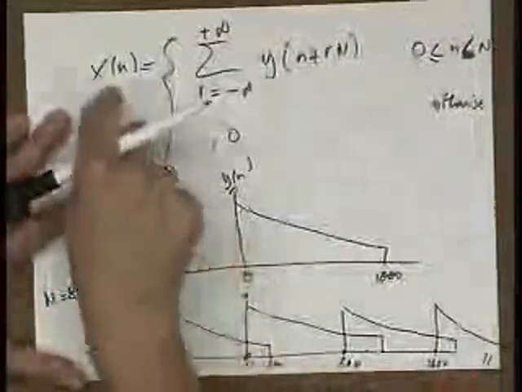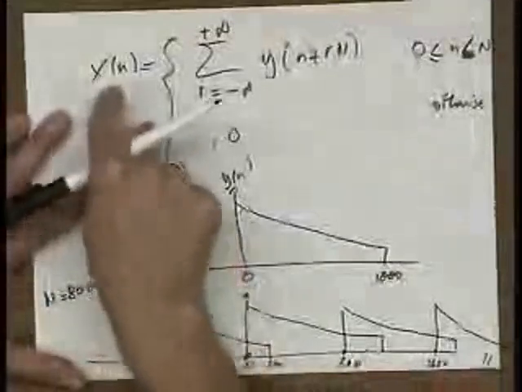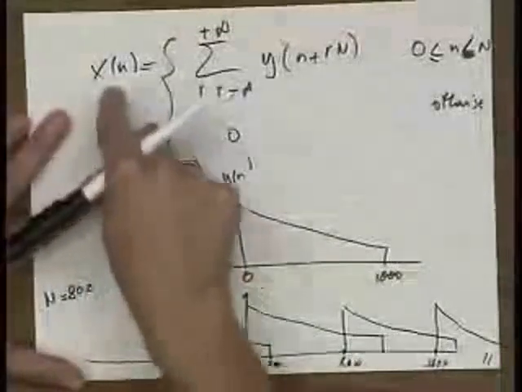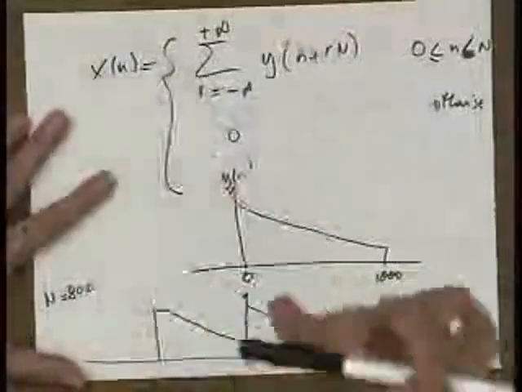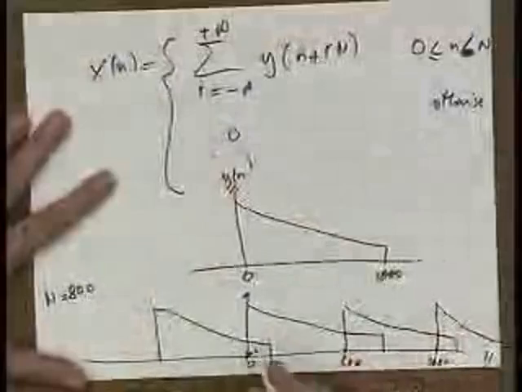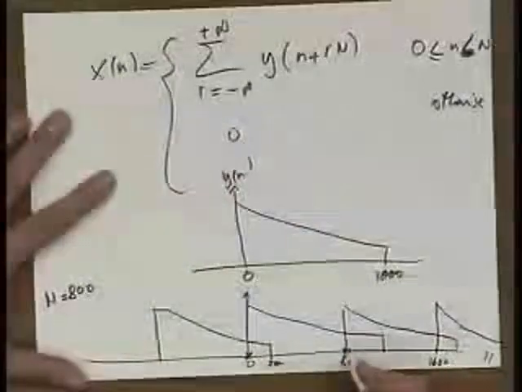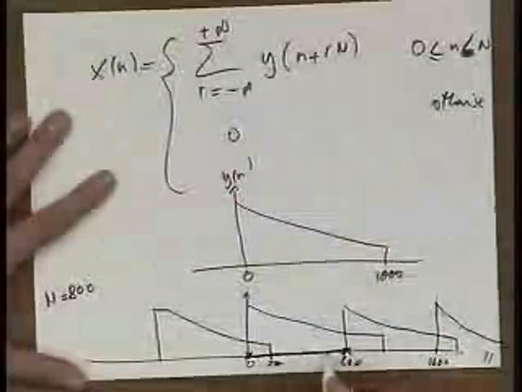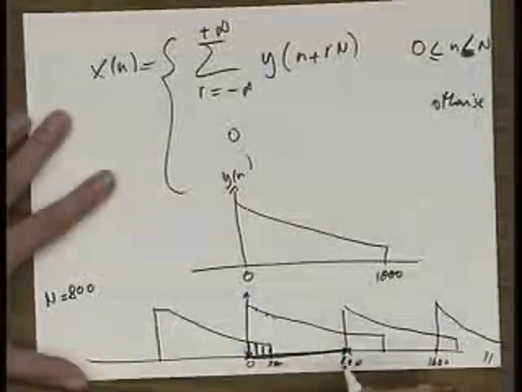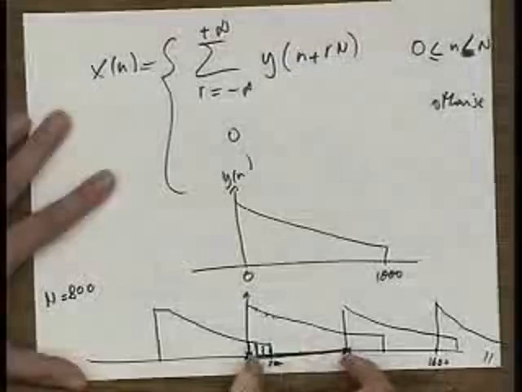Remember, x of n is an inverse DFT of something. An inverse DFT of something, anything in the universe, is always true for the first N values, for n equals 0 to that number. So 0 to 800. After I do all the aliasing, add this value to that value, this one to that one, and so on, this first 800 numbers is the x of n that we're after.